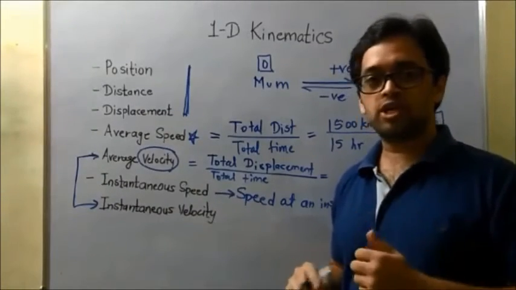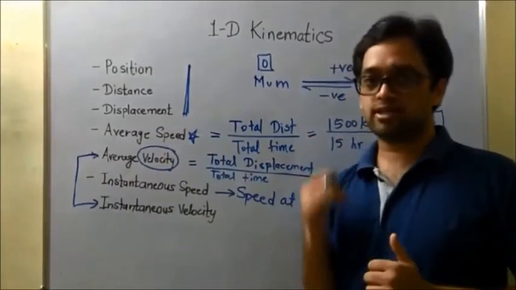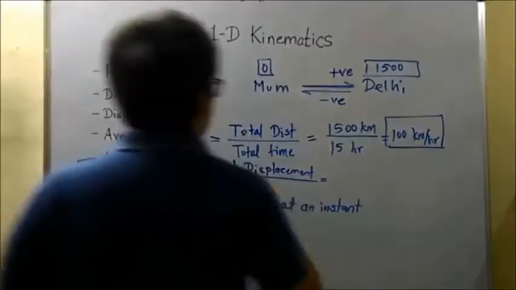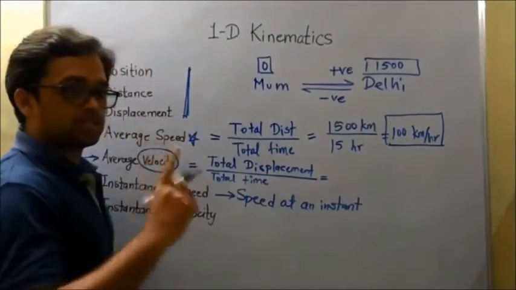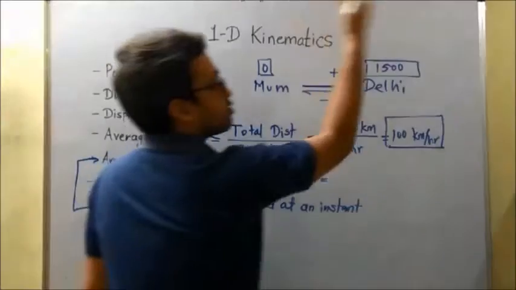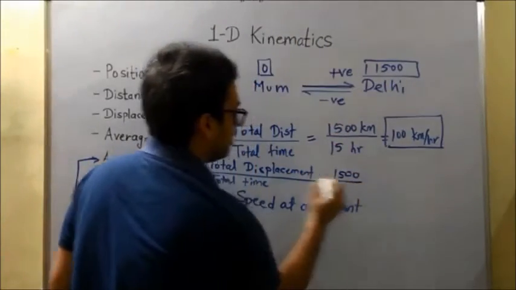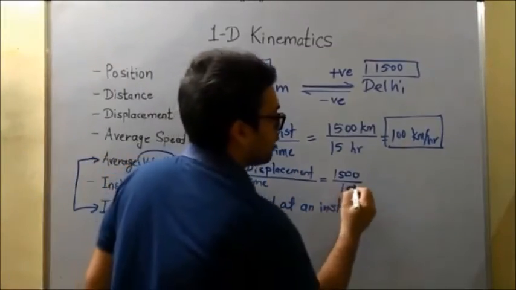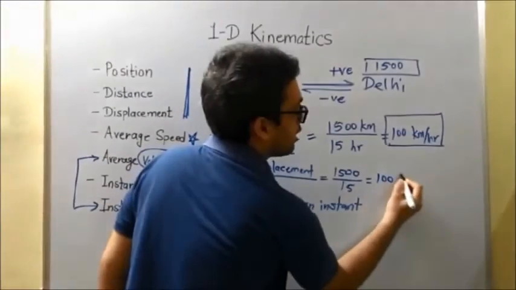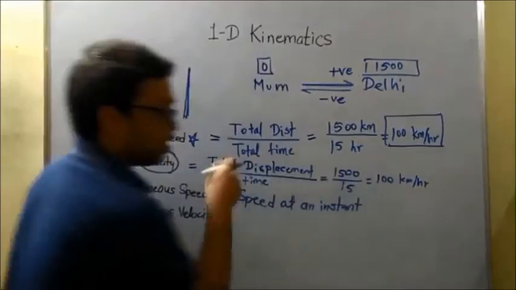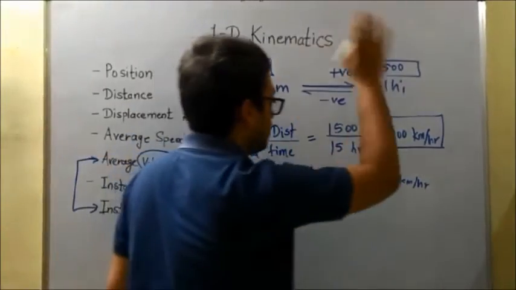How do we define change? Change is always final quantity minus initial quantity. So total displacement is the total change in the position, final quantity minus initial quantity. It will be 1500 divided by total time taken, 15 hours. That will give me 100 km per hour as the velocity while moving from Mumbai to Delhi.